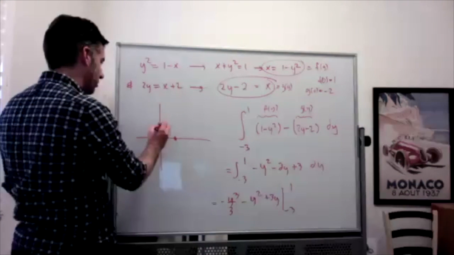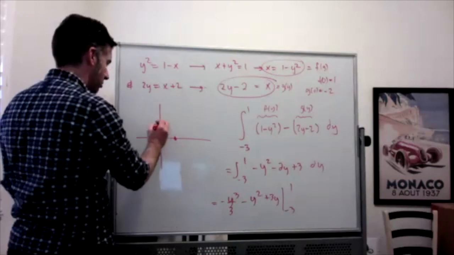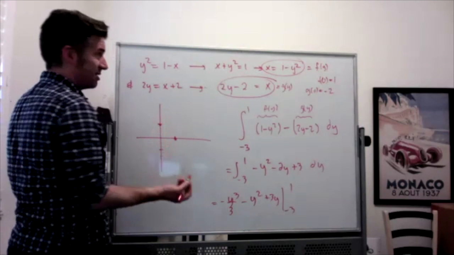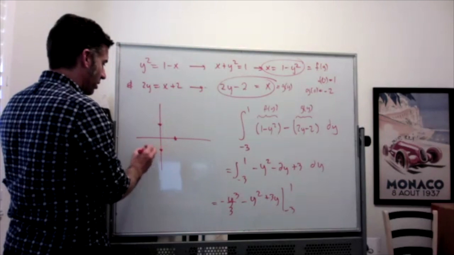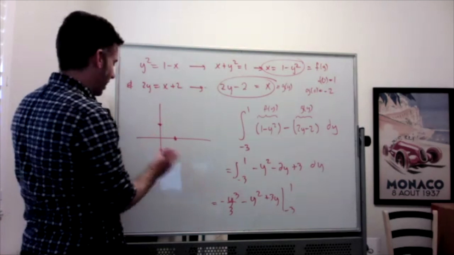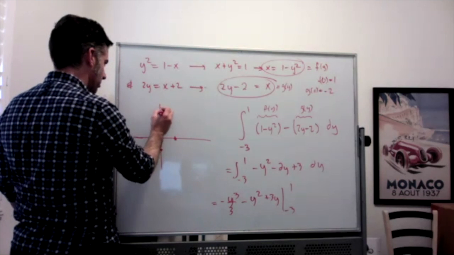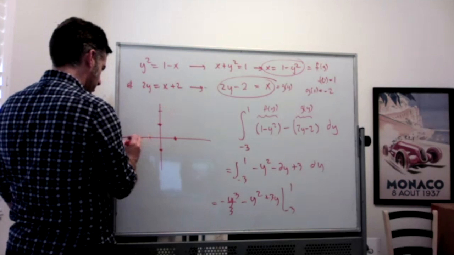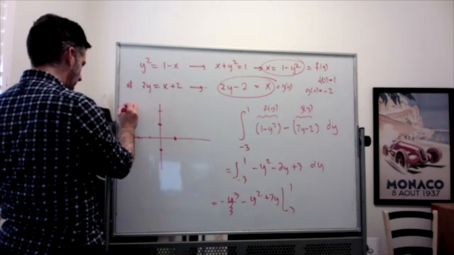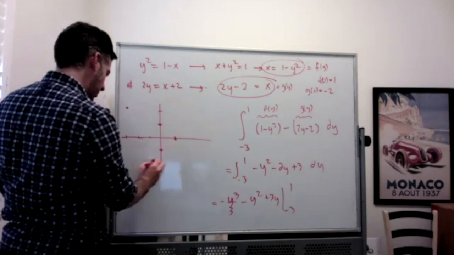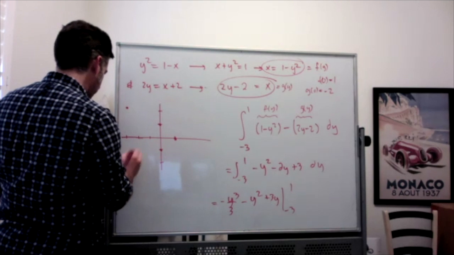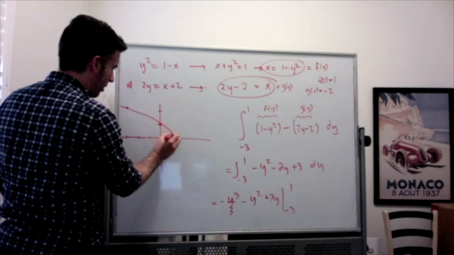If y is 1, x is going to be 0. If y is negative 1, x is also going to be 0. If y is 2, x is going to be negative 3. And if y is negative 2, x is also going to be negative 3.